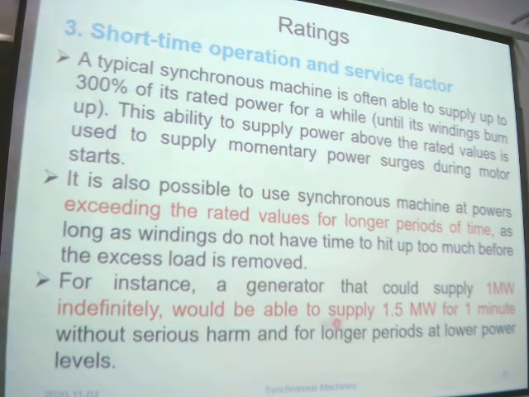It can be supplied 1.5 times its rated power, but the time is short, only for 1 minute. If it takes too long, it will break down. It will destroy the generator. Just for a short time, less than 1 minute, 1.5 times the rated power.